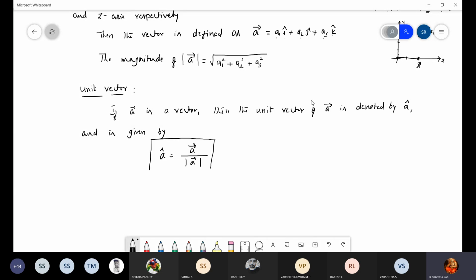Very important definition. This is basic only, but in this module, wherever the word unit comes, you have to calculate like this. For example, they will ask the question to calculate the velocity v, and then ask to find the unit vector.